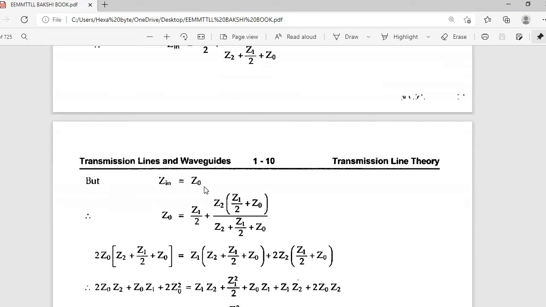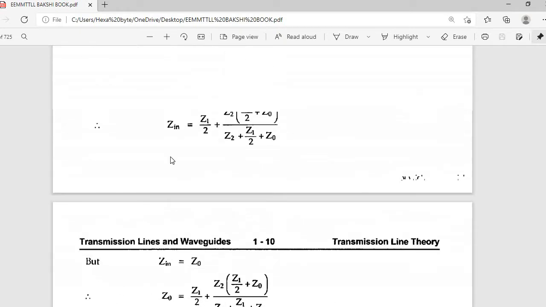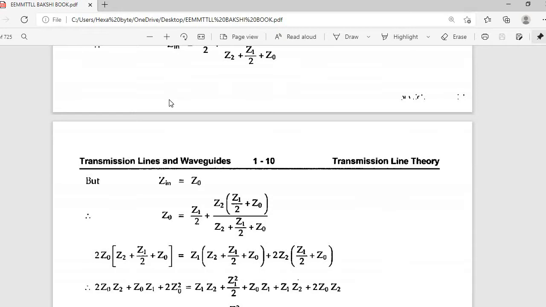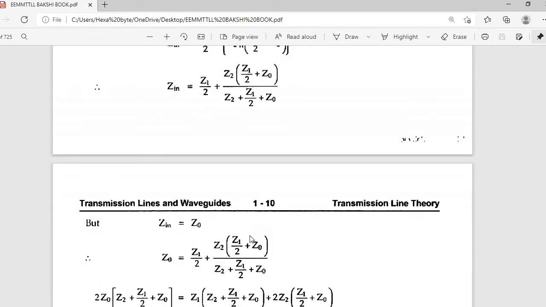So Z0 is equal to Z1 by 2 plus Z2 into Z1 by 2 plus Z0, over Z2 plus Z1 by 2 plus Z0, where we are substituting Zin equal to Z0 on the left-hand side.